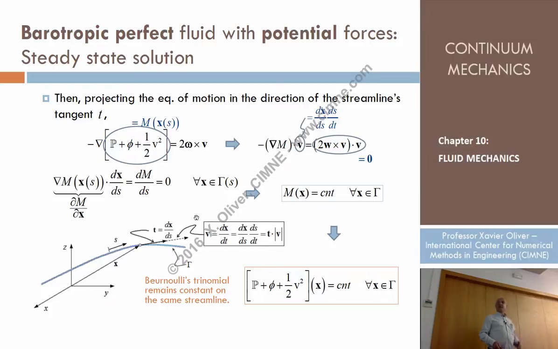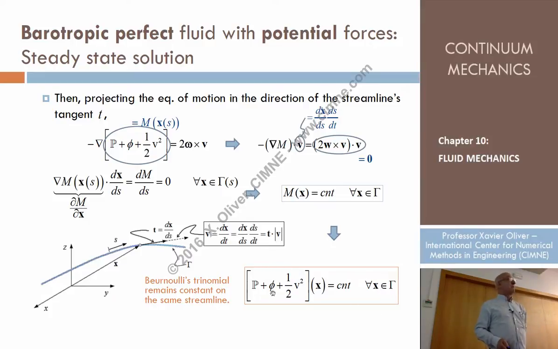So what can I say? Well, let's recall what m was. P, the generalized pressure function, plus phi, the potential forces function, plus 1/2 v squared, which is a function of x, turns out to be constant along the same streamline. And this can be done for all the streamlines. This is no longer a differential equation.